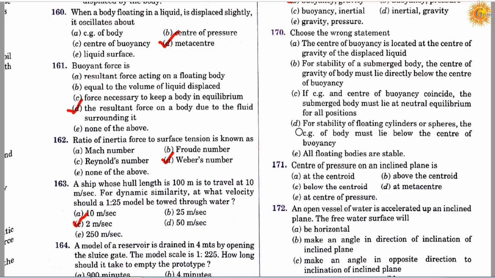Option D, for stability of floating cylinders or spheres, the center of gravity of the body must lie below the center of buoyancy. And option E, all floating bodies are stable. So the correct answer is E, all floating bodies are stable. That is the wrong statement.